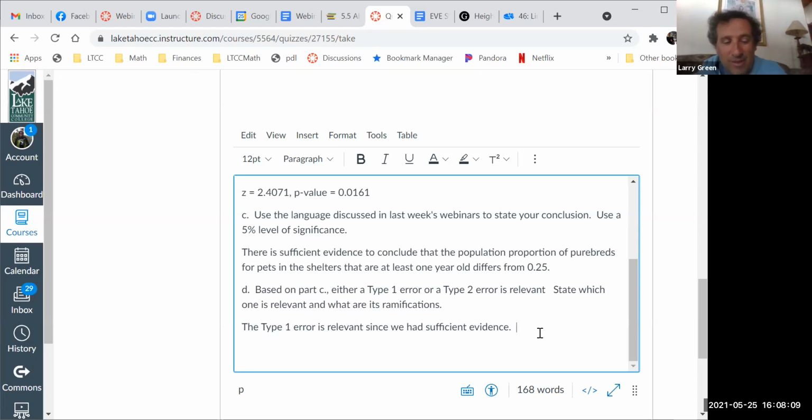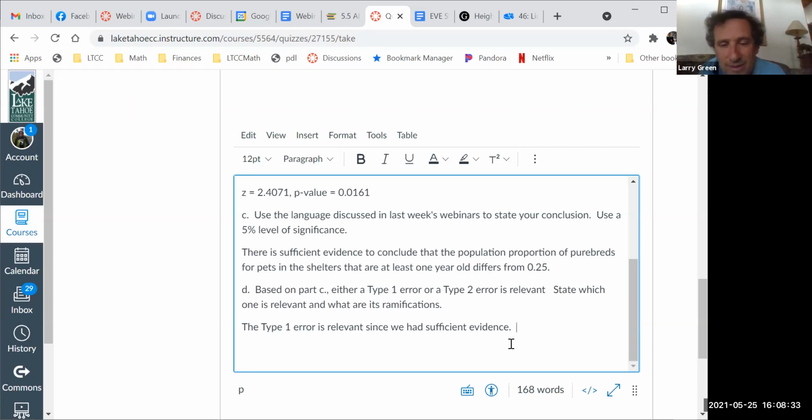Okay, if I don't hear it, maybe I'll type some stuff in. So first thing, a type 1 error means that we made this conclusion from part C, that we did say that it's different from 0.25 in terms of purebreds, okay, when it really was 0.25. Okay, that's first the definition of a type 1 error.